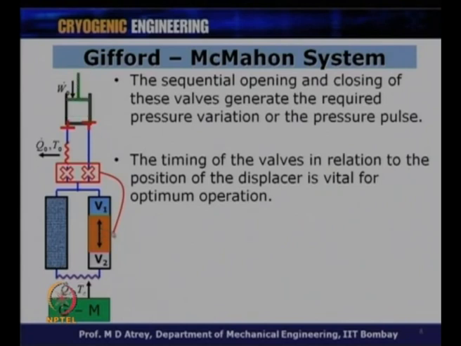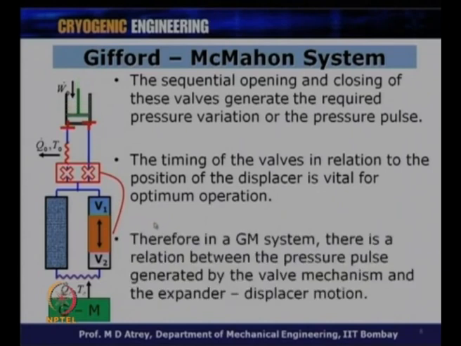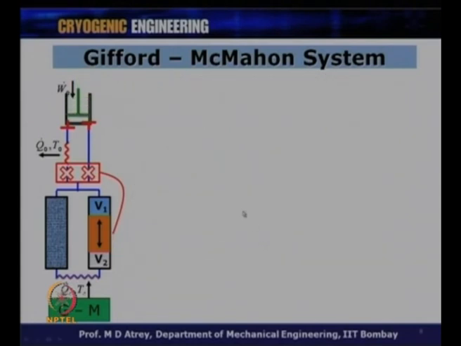Therefore, the movement of the displacer is going to be in accordance with the rotary valve motion, and we will see that in a GM cycle when I explain it after a couple of minutes. So, I have to worry about the rotary valve opening, and according to this, the displacer should move up and down. This is very important. Therefore, in a GM system, there is a relation between the pressure pulse generated by the valve mechanism and the expander or displacer motion. This is what I just talked about.